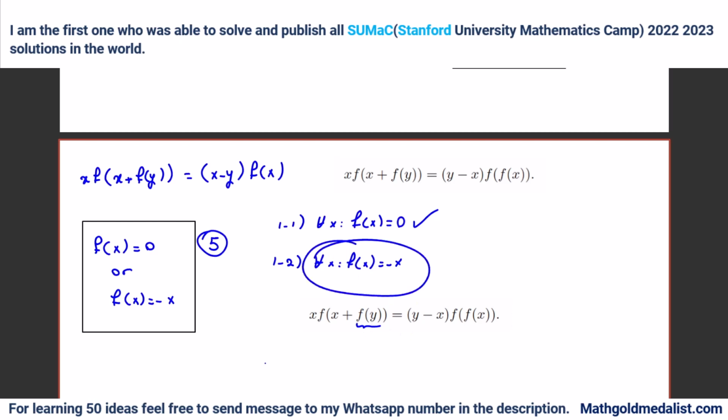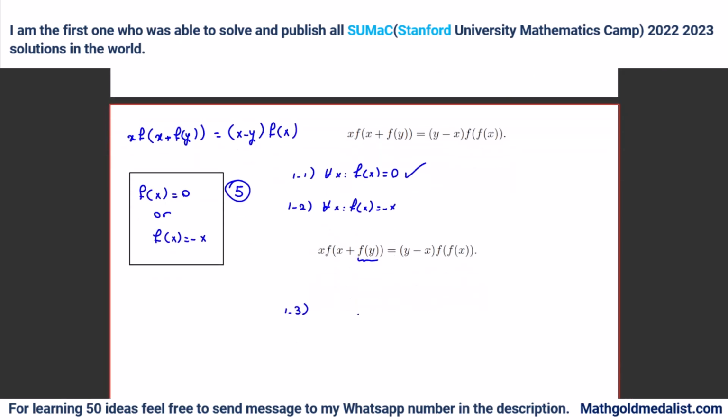We want to check this. We have also case 3, that some of them, f of x is 0, and some of them negative x. Now we want to check f of x equal to negative x, okay? So we want to replace all f of x's with negative x.